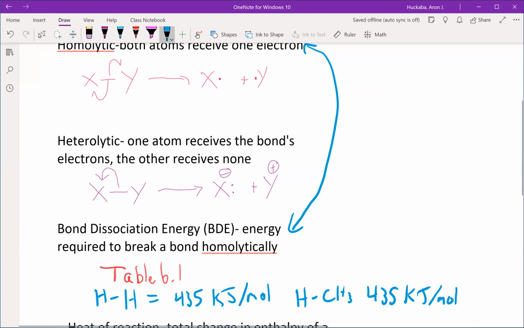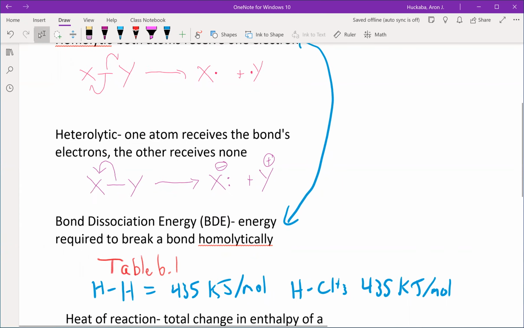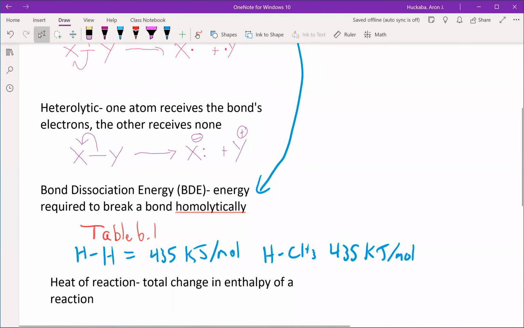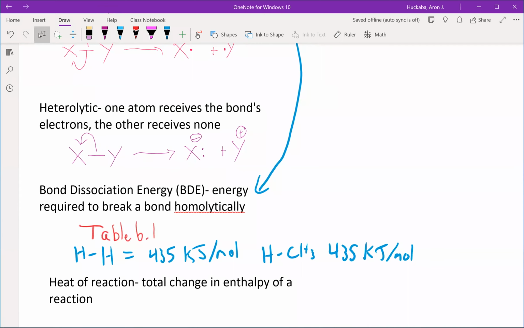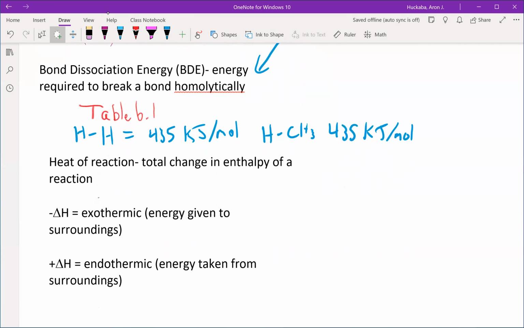Okay, so then most reactions don't just break one bond like this. Most reactions break multiple. And so then we end up getting what's called a heat of reaction, which is the total change in the enthalpy of a reaction. So this means that you could look up the bond dissociation energies and find the heat of a reaction for a certain reaction.